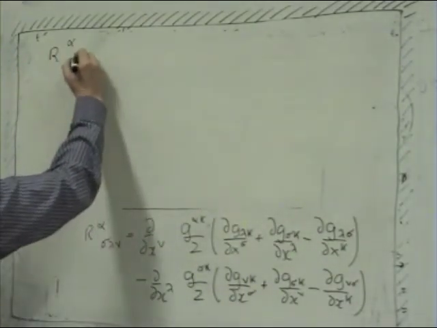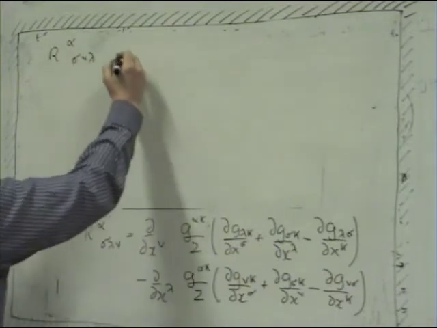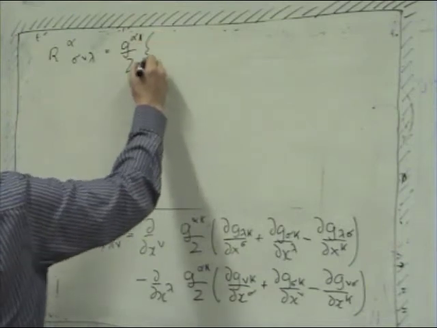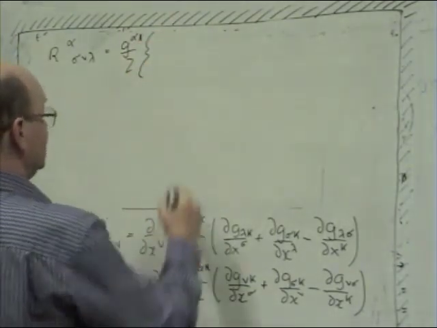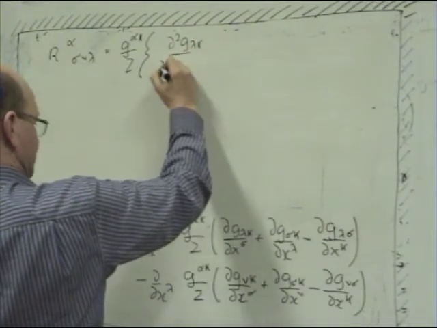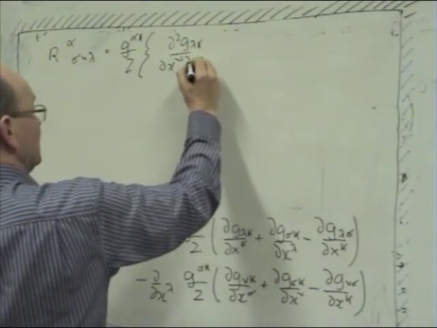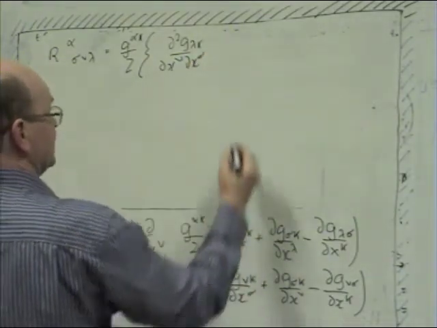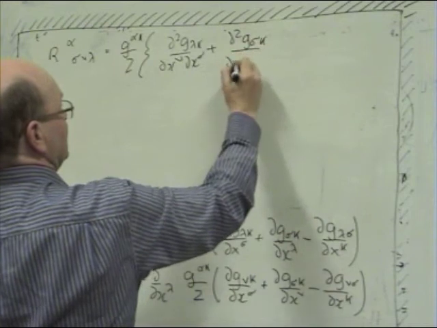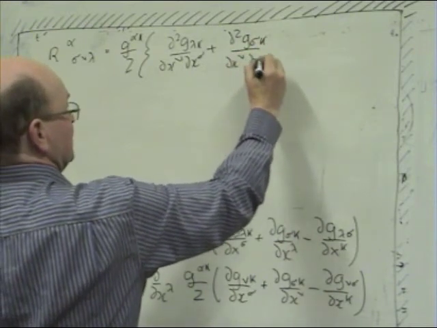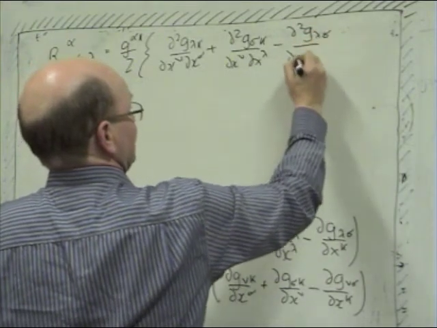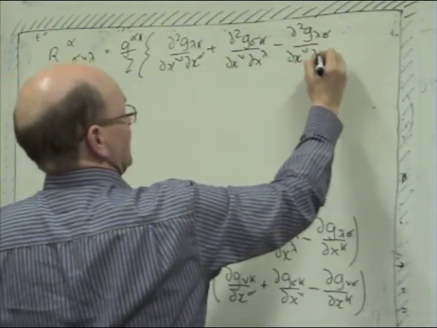So you have R alpha sigma nu lambda equals g alpha kappa over 2 times the second derivative of g lambda kappa with respect to x nu and x sigma as well, because we've already got the x sigma, plus the second derivative of g sigma kappa with respect to x nu, and then we've got x lambda, minus the second derivative of g lambda sigma with respect to x nu and x kappa.